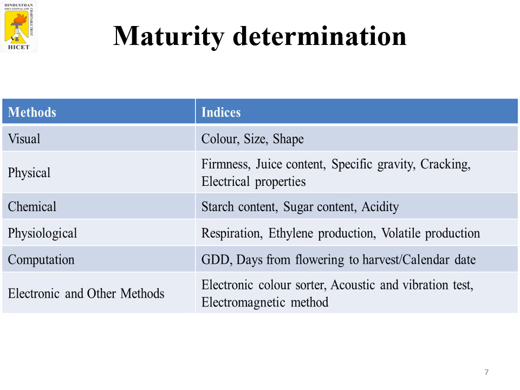In physiological methods, respiration, ethylene production and volatile production are used. In computation methods, GDD, days from flowering to harvest or calendar dates can be used. In electronic and other methods, the electronic color sorter, acoustic and vibration tests, and electromagnetic methods are used to determine the maturity of fruits and vegetables.